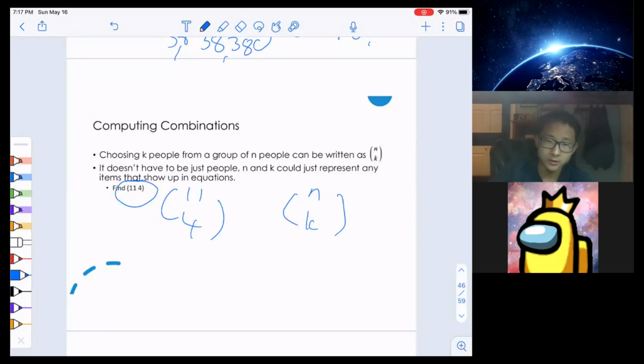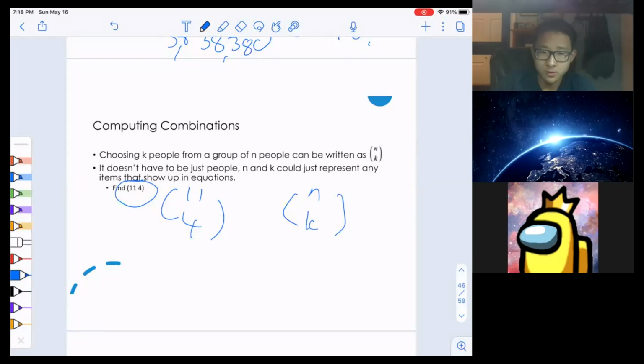And then you divide it by the factorial of the number of spaces that you want. If you want 5 spaces, then you should divide it by 5 factorial. Yeah, that's right.